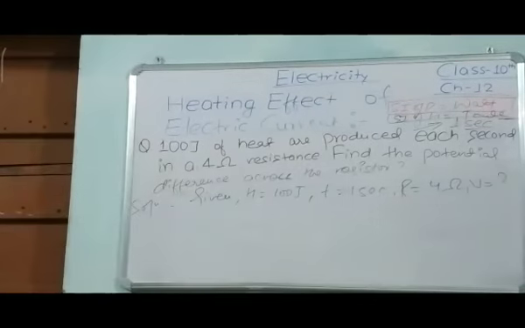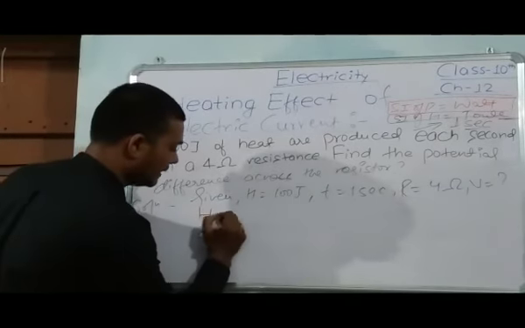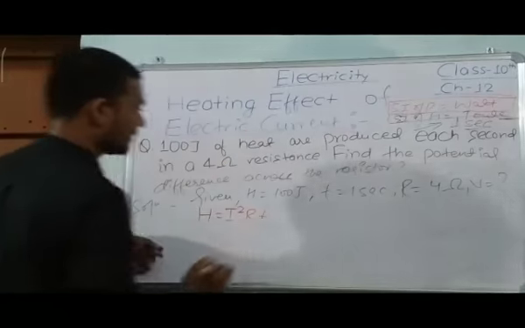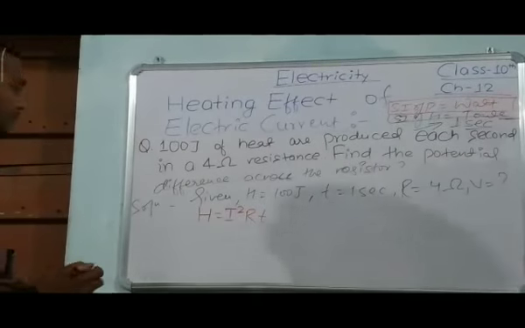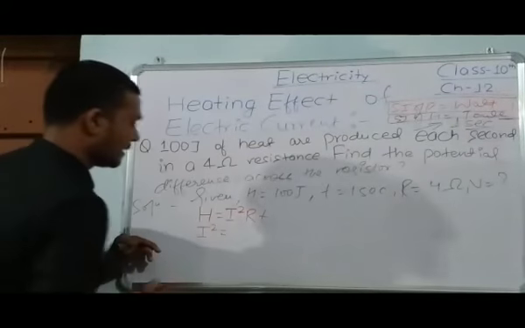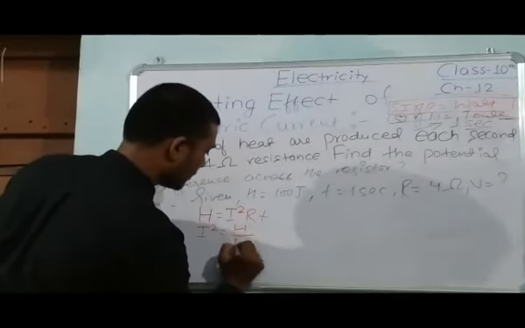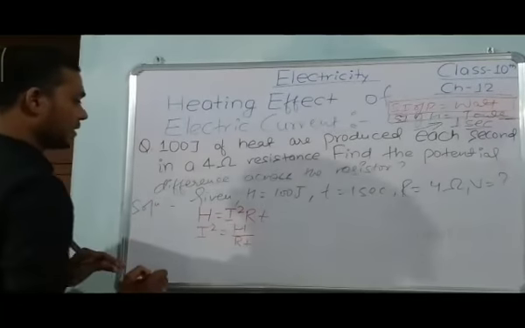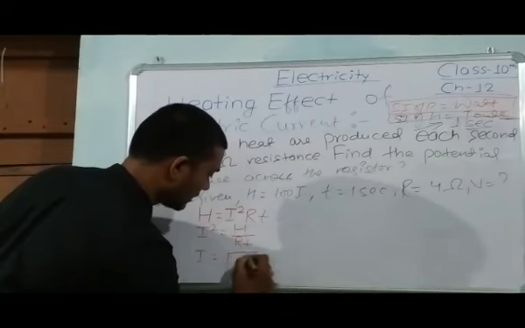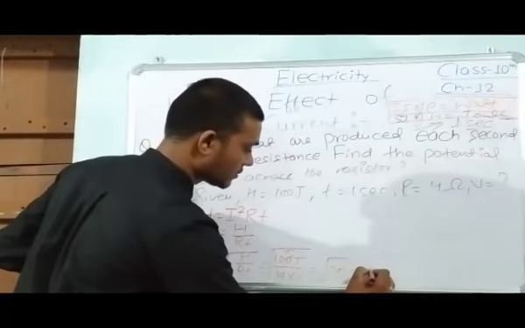We know that the formula of heat is H equals I square RT. So I square equals H upon RT, and I is equal to root under H upon RT, which is equal to 5.